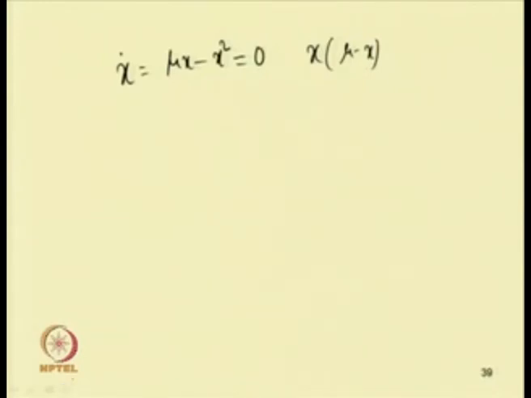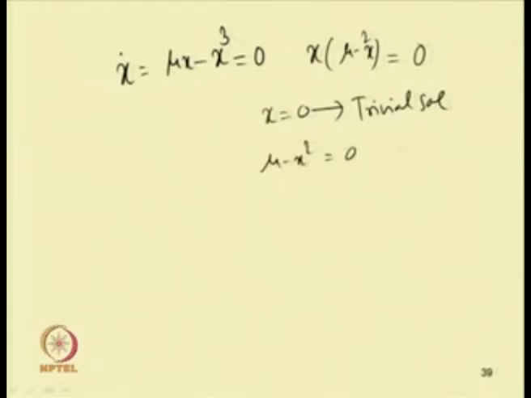For pitchfork bifurcation, it will be mu x minus x cube, and for transcritical bifurcation we have mu x minus x square. So in this case, x into mu minus x square equal to 0. Here x equal to 0 is the trivial solution, and mu minus x square equal to 0 is the non-trivial solution.